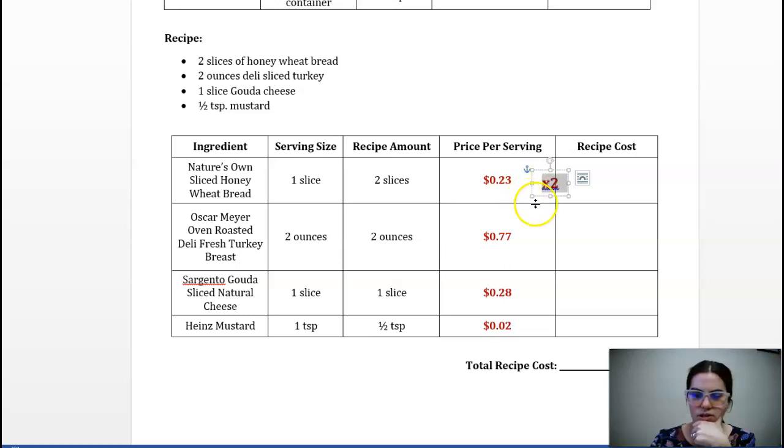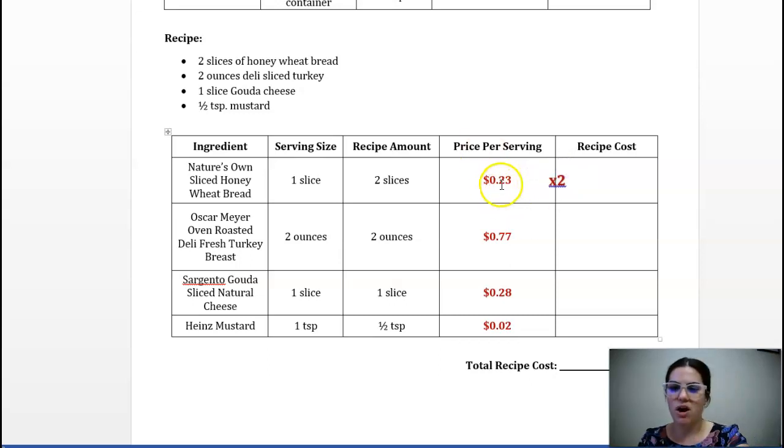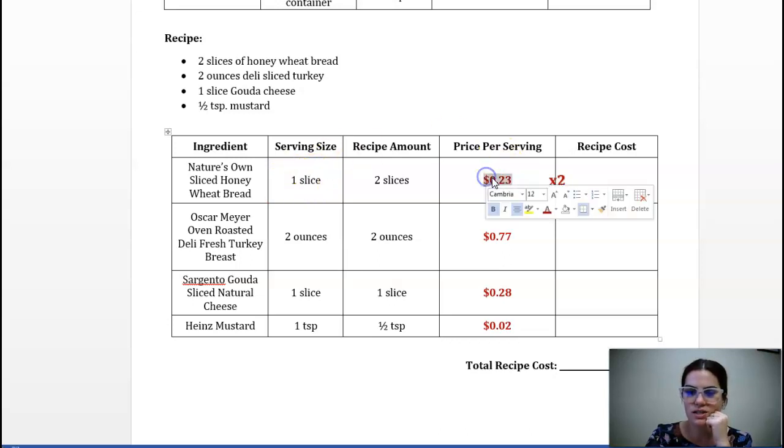We estimated the price per serving, okay? The price for one slice is 23 cents, but we are using 2 slices. So we are going to multiply this by 2, which is our factor.